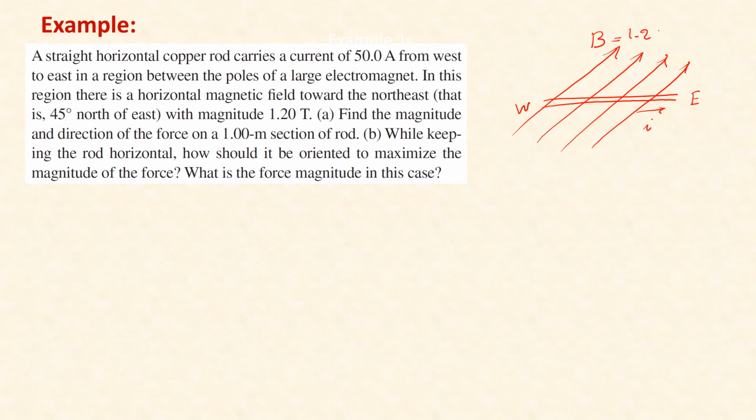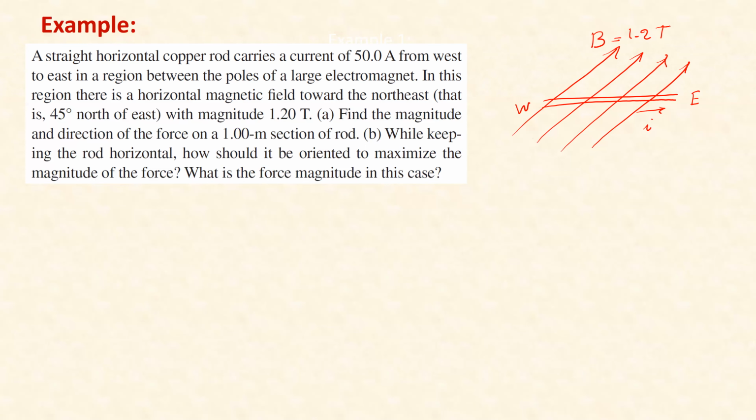So this is the magnetic field, and we have a current in that direction. Find the magnitude and direction of the force on a 1 meter section of the rod, while keeping the rod horizontal. How would it be oriented to maximize the magnitude of the force? What is the force magnitude in this case?